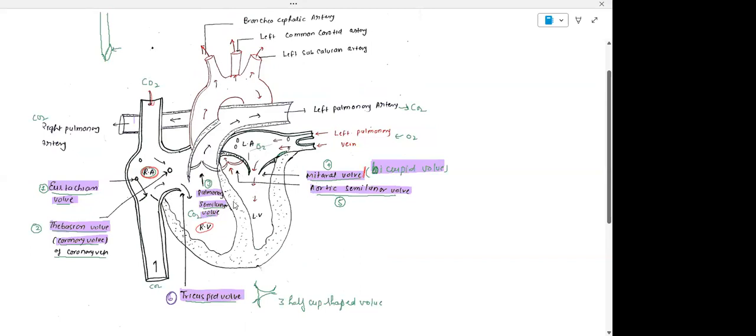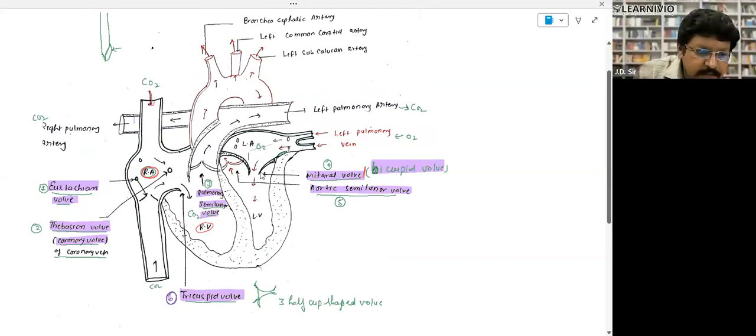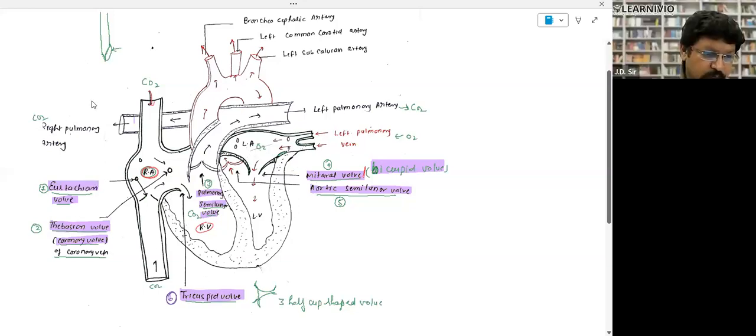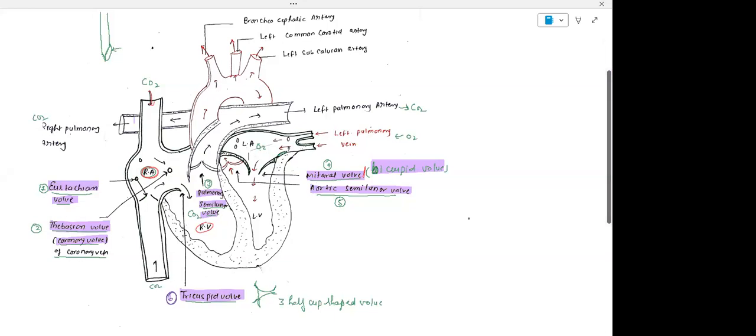In the right atrium there are three valves. I want to know about the first one. The first valve is the eustachian valve. Okay, you are asking about the eustachian valve. Look.